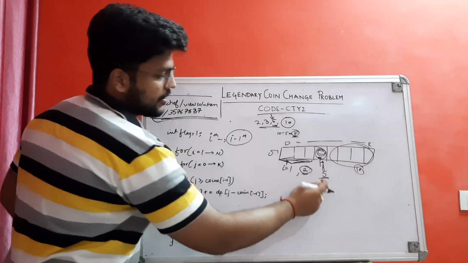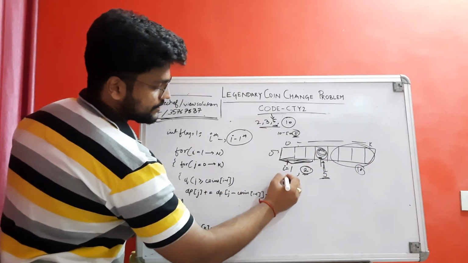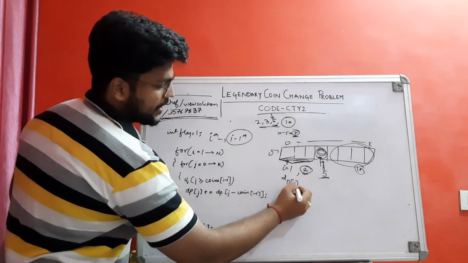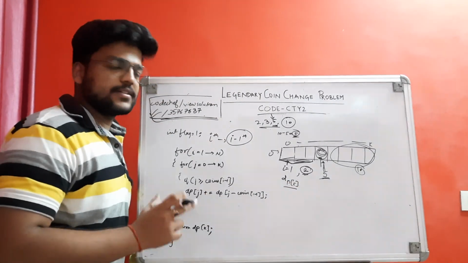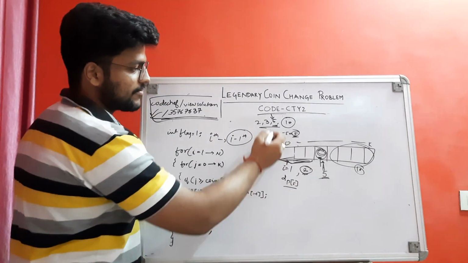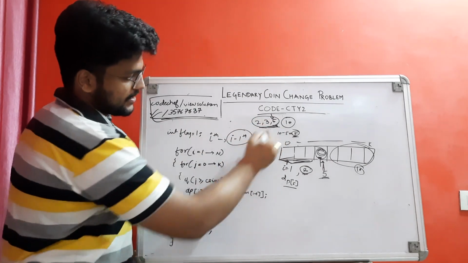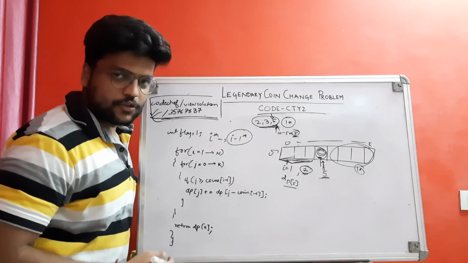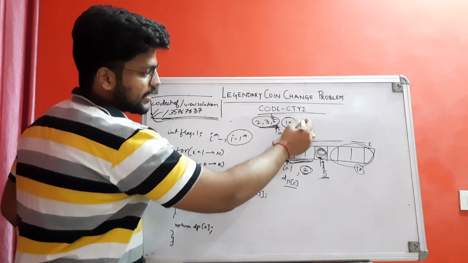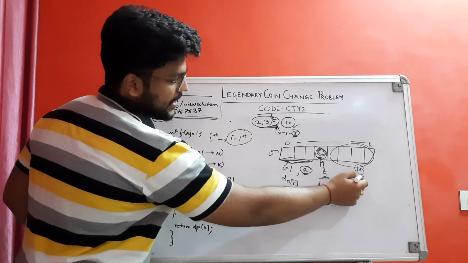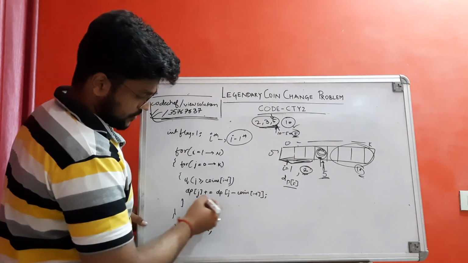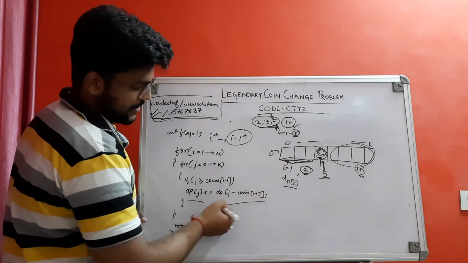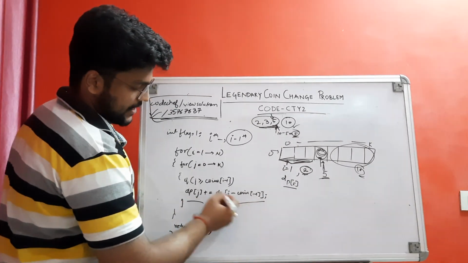So here dp at 5 will have the complete number of ways to make the sum 5 by using these till here values denominations. So to make 10, what you will do, dp at 10 is equals to dp at 10 plus equals to dp at 10 minus 5, dp at 5.